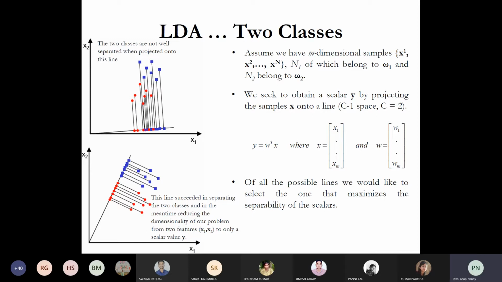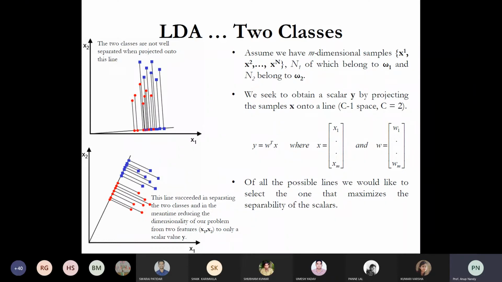In this plot, there is a line passing through the origin with a slope of about 35 degrees. If I project onto that direction, a few red points are separated from the blue, but there is some overlap, so I will not have good separability. These two classes cannot be distinctly identified.